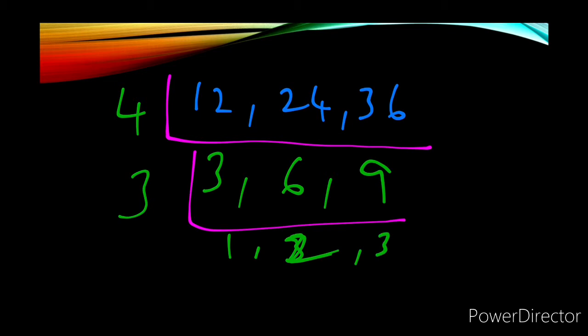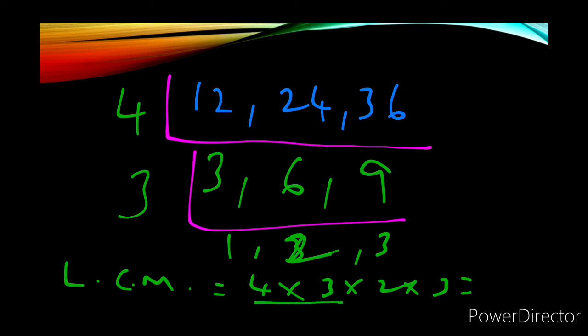While finding LCM, you have to multiply all the numbers. LCM is equal to 4 into 3 into 2 into 3. 4 3s are 12, 12 2s are 24, then 24 3s are 72.